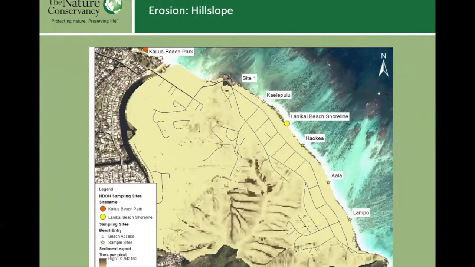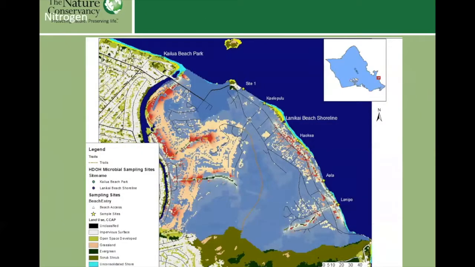For sediment, it correctly identified that the ridge and the trails up here were most likely the causes of excess sediment in Lanikai, and was able to say that there was some hill slope erosion possibility, not necessarily the channels, but the sides of all the hills. The nutrients, we modeled the whole thing all the way out to Enchanted Lakes and the channel leading out to Kailua.